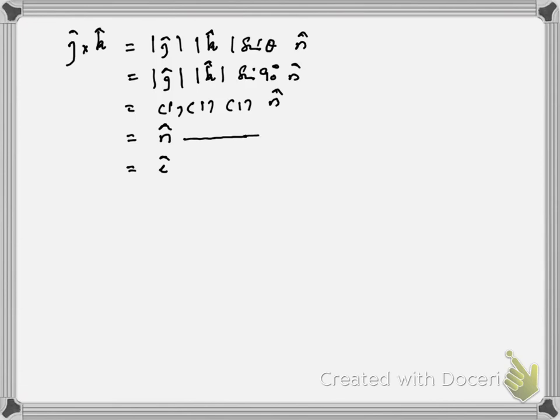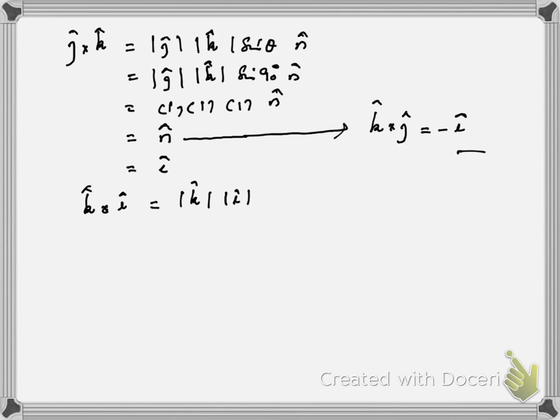Now K cross J is equal to minus J cross K, so its result will be minus I cap. Now come to K cross I. K cross I is equal to magnitude of K into magnitude of I into sine theta n cap.